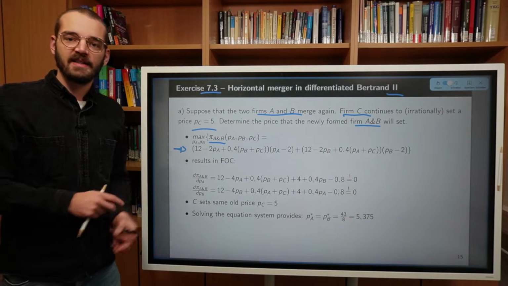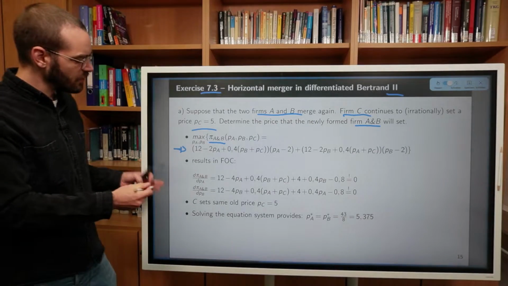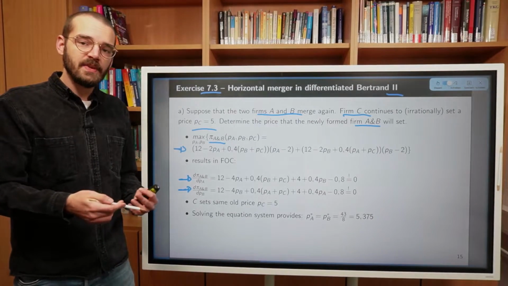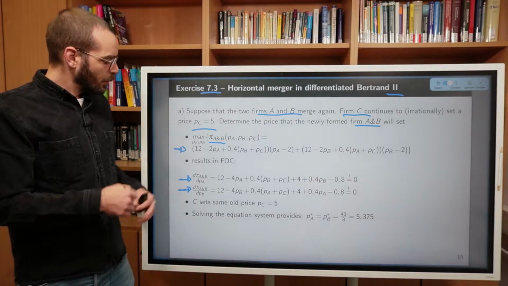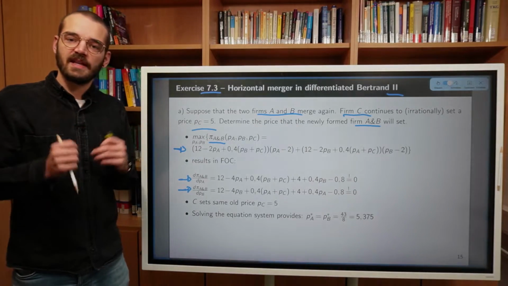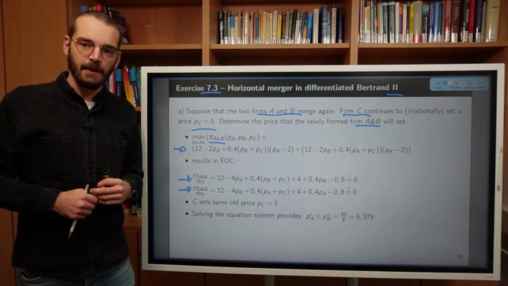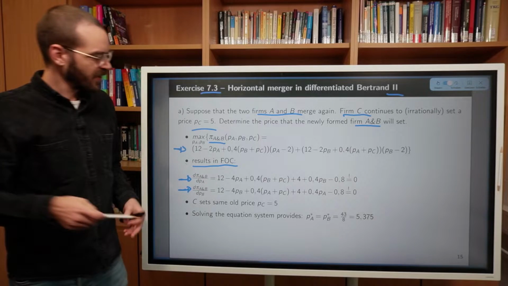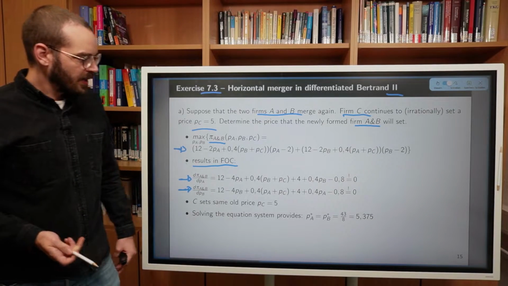Mathematically, we need to calculate the derivative of this profit function of firm A and B, pi A and B, with respect to first price A and second price B, which yields two first order conditions for the maximum.